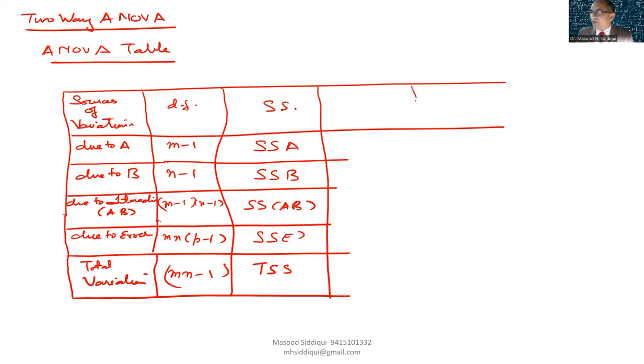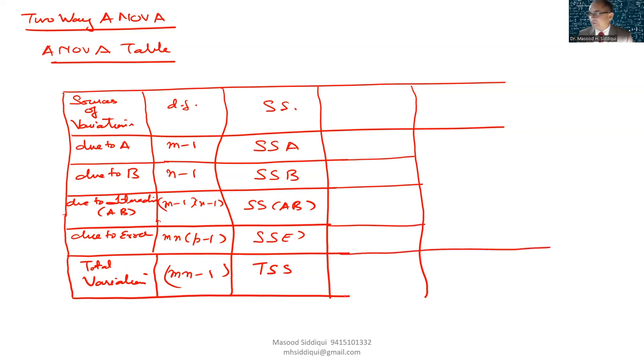After that, we have mean sum of square, which is simply the division of sum of square by degrees of freedom. So this is MSA. MSA is SSA divided by degrees of freedom, that is m minus 1.